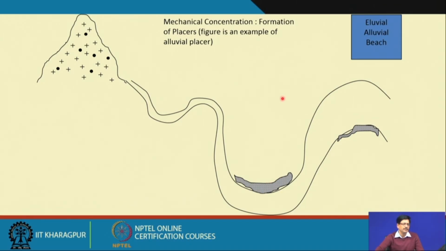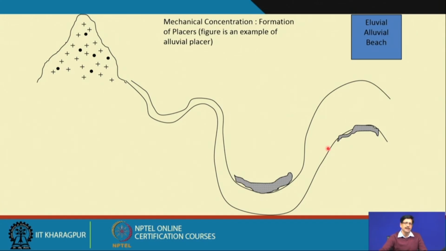It would be worthwhile to understand what exactly happens. We will be looking into the mechanism, the hydrodynamic conditions in which detrital particles are transported in a river channel, and the conditions that result in the deposition of these particles.